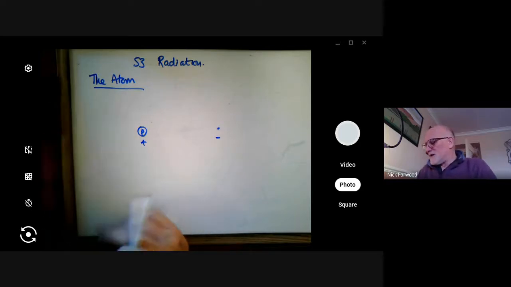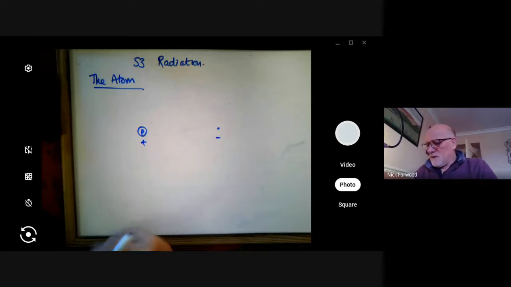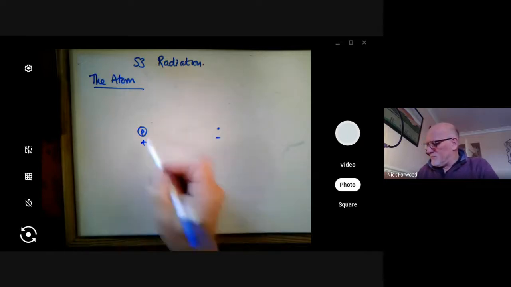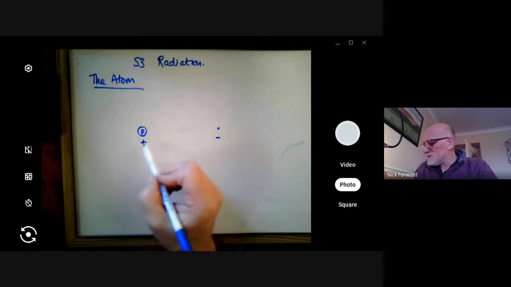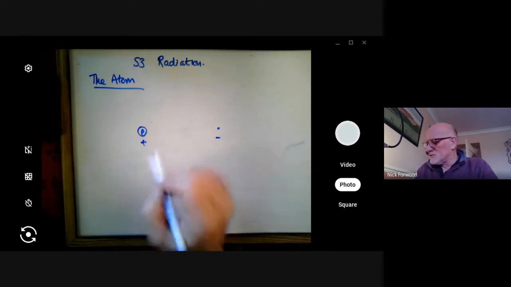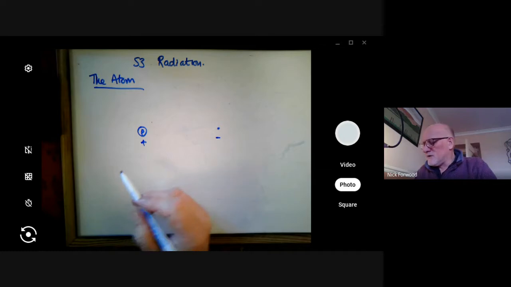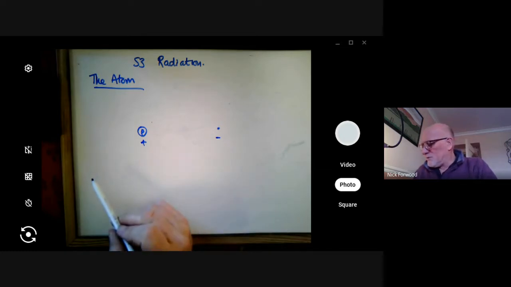And every atom that we've got in existence, this board here, the table I'm writing on, you, me, we're all made of atoms, and the atoms all have different numbers of protons and electrons and neutrons, and you can find out about the structure of different atoms by having a look in the periodic table.